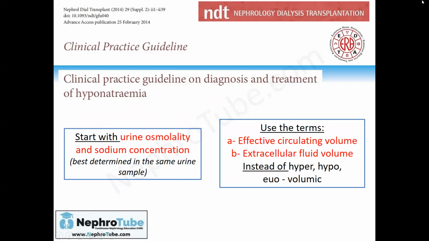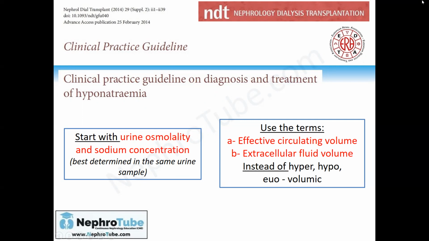It's better to use the terms effective circulatory volume and extracellular fluid volume instead of hypovolemic or euvolemic patient. We have to differentiate between the volume of water in the intravascular space, which is called effective circulatory volume, and the volume of water in the interstitium, I mean edema, which is called extracellular fluid volume.